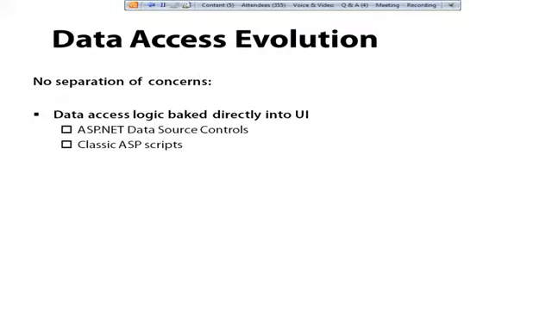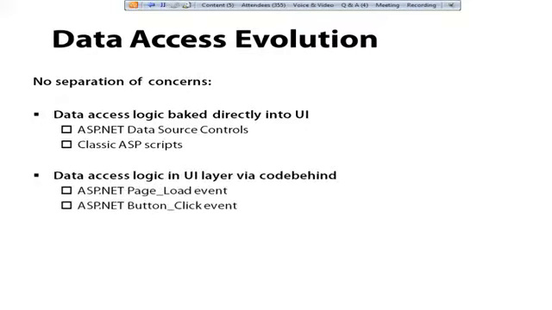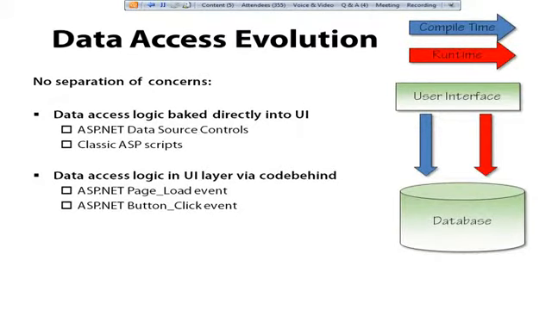You might be doing it with the code behind, but that's still in the UI layer. So in your page load, you might be newing up an ADO.NET data connection or calling out to Entity Framework. In your button click, you might be doing the same thing and saving it. And so your code looks something like this. You've got a single layer, which is your user interface, and you've got a database. And at compile time, which is the blue arrow, you're talking directly to it.